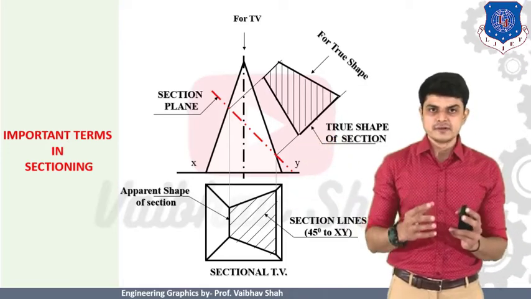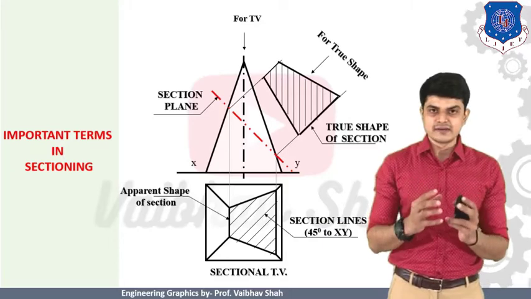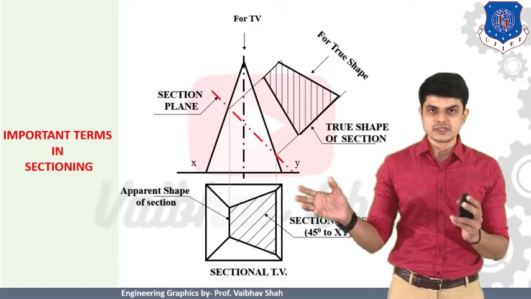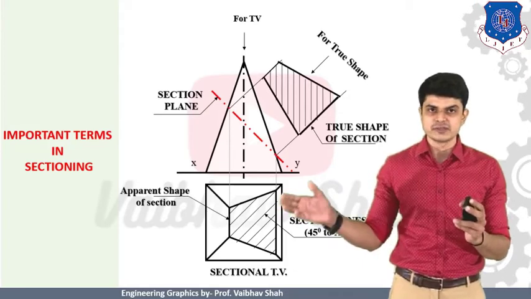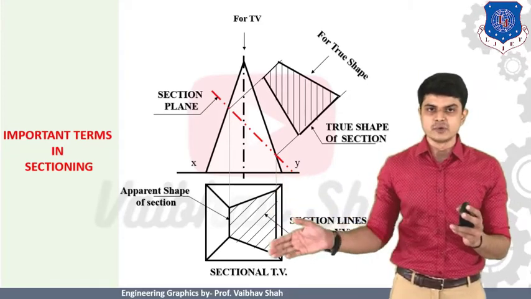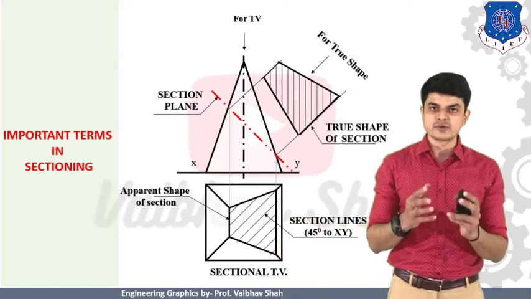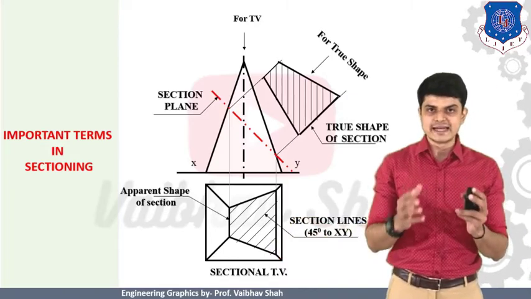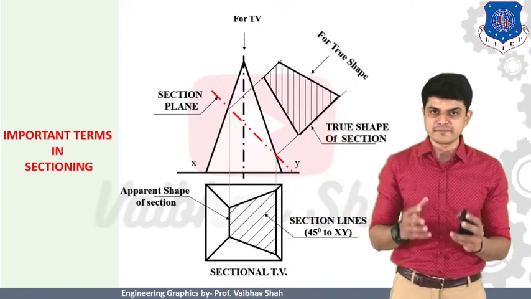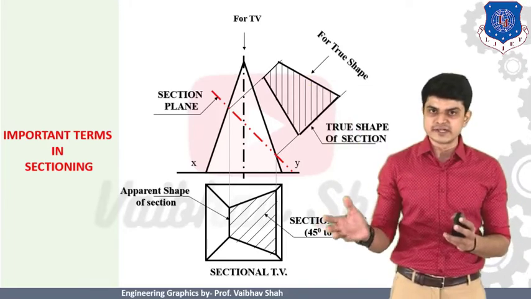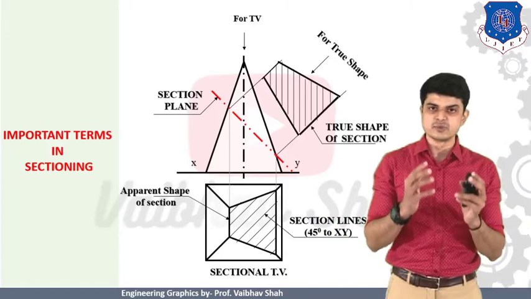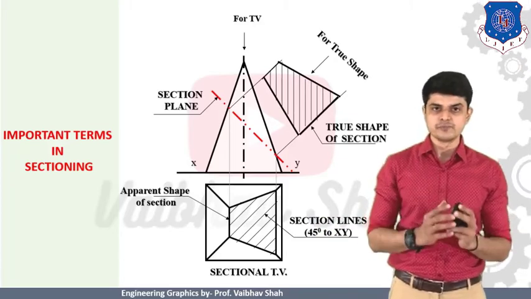Now, after that, the portion is cut from the figure, so we should highlight the remaining portion. The remaining portion after cutting the object is known as a sectional top view. So we cut our object, and when we are looking from the top direction, we can have this image generated. That's why this image is known as your sectional top view.